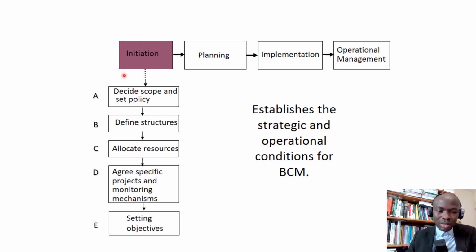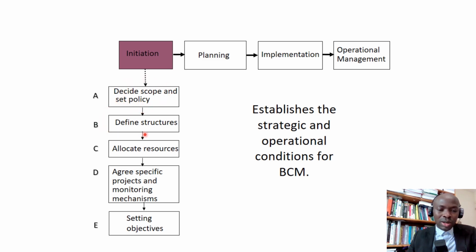This starts with the business continuity or crisis manager trying to define or decide scope and set policy for the organization. So that's the very first stage. If you're a crisis manager or business continuity manager, the very first thing you want to do is ensure you have a very clear scope and set a BCM, business continuity management policy for your organization.